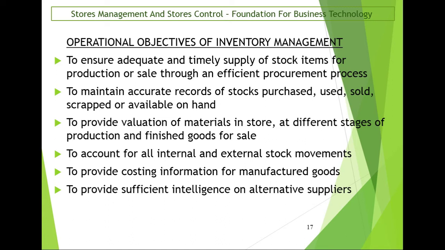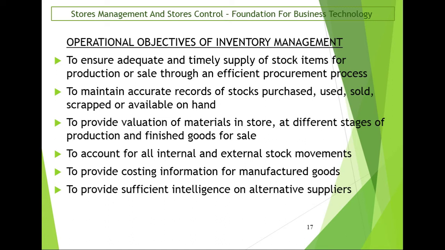Next, we look at the operational objectives of inventory management. Firstly, we want to ensure adequate and timely supply of stock items for production or sale through an efficient procurement process.